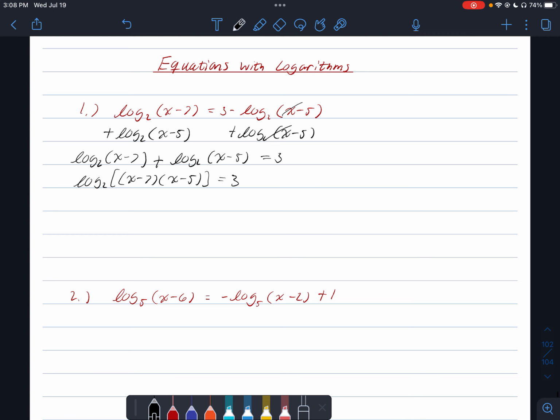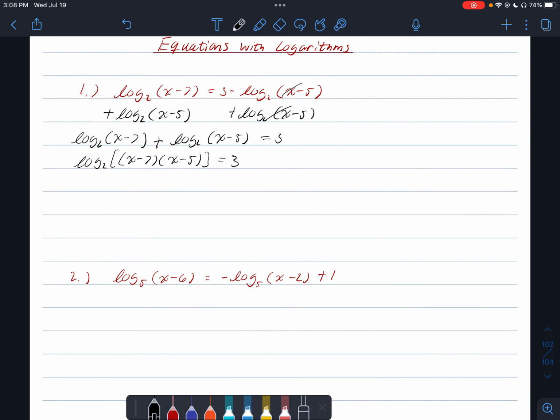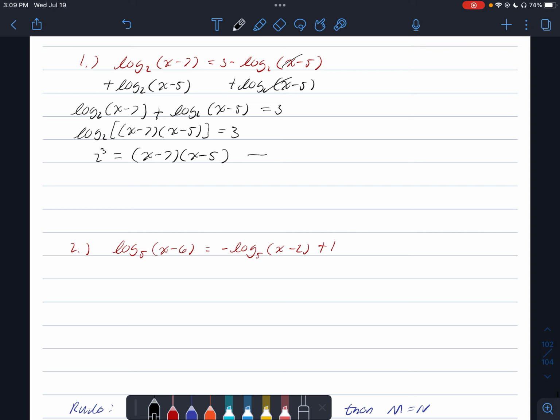All right? So now we have our usual rule for logs here. So we can think of this as 2 to the third is equal to x minus 7 times x minus 5. Or we can think of this as 8 is equal to, and once we FOIL these out, we will have x squared minus 5x minus 7x plus 35.